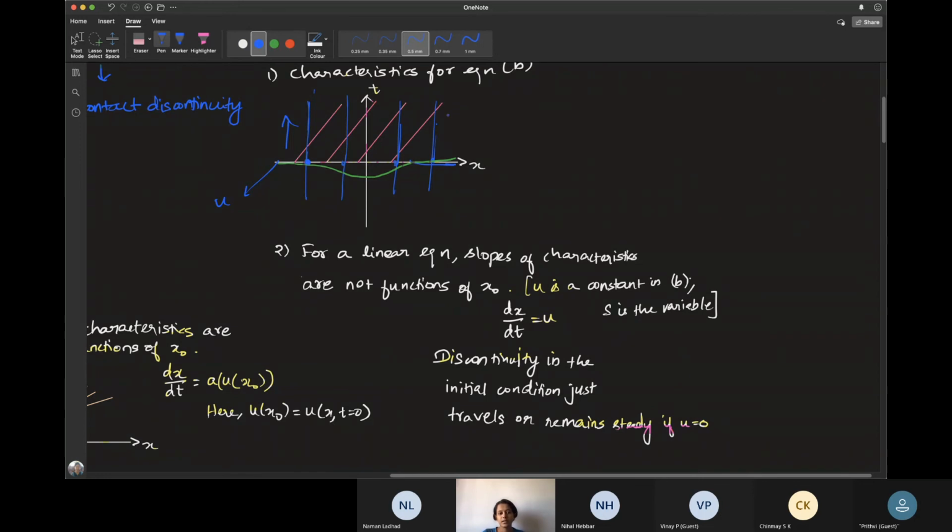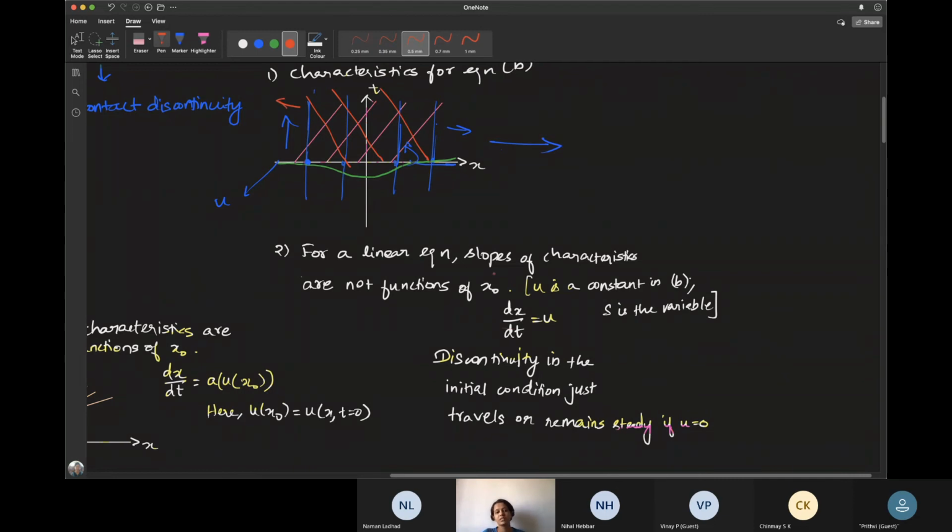Since the characteristics are directed in this direction, the slope is somewhat acute. Your initial profile is going to travel in the positive x direction. Suppose your characteristics were like this, then your initial profile will travel in the negative x direction.